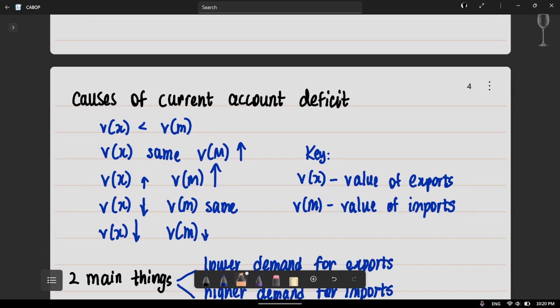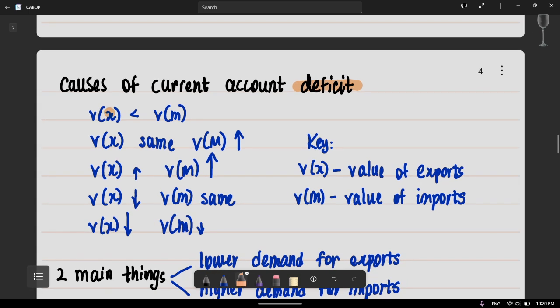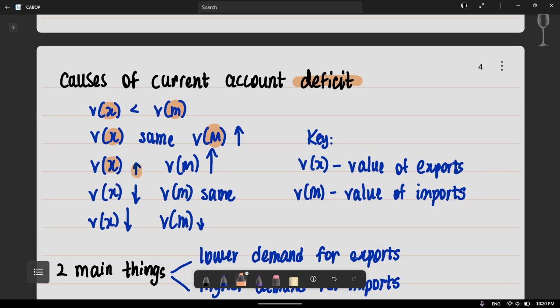First of all, we'll begin with current account deficit. Now, how would you define deficit? You can say that the value of exports is less than the value of imports, or that the value of exports is the same, but the value of imports has now increased. Or the value of exports has increased a little, and the value of imports has increased more.